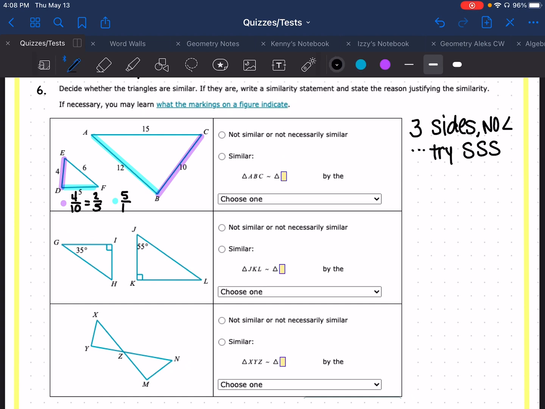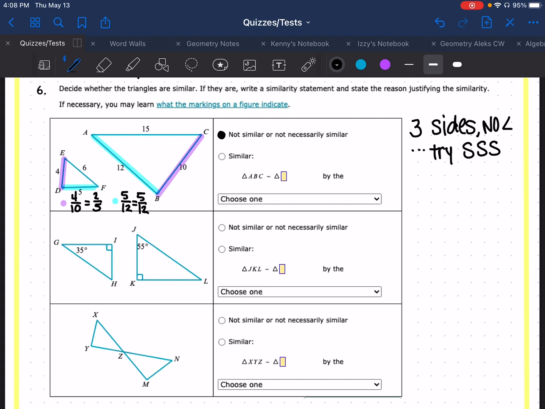I have to put 5 on top, 12 on the bottom. 5 over 12 stays 5 over 12. Take a look at these two fractions. Are they the same? No, they're not. These are not equal. And I don't even have to do the last one because I already know that it's going to be not similar. It doesn't matter what 6 over 15 reduces to, even if it is 2 over 5, not similar.